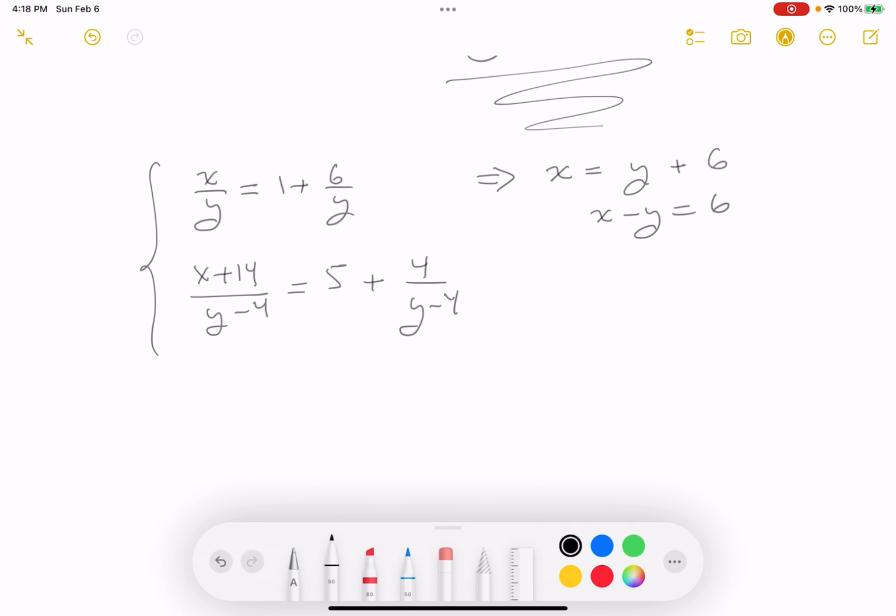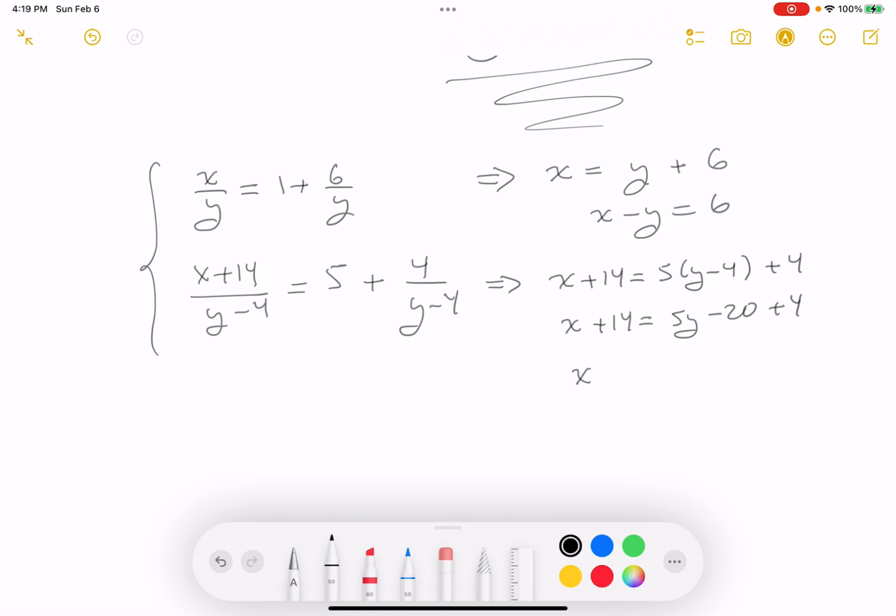I'm going to simplify the second equation by multiplying both sides by y minus 4. What do you get? x plus 14 equals 5 times y minus 4, plus 4. Well, I got to continue to do this. This is x plus 14. This is 5y minus 20 plus 4. And what do I get over there?